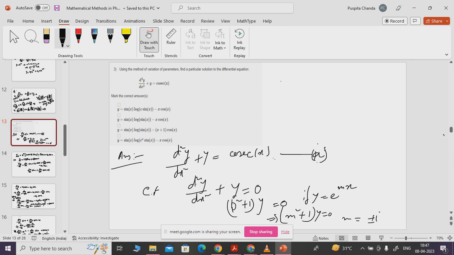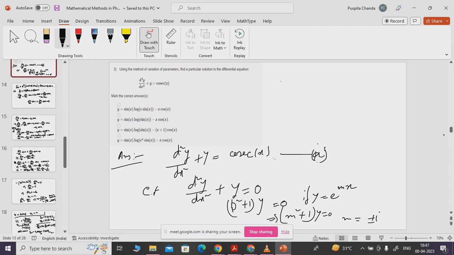So we can write y is equal to sin x log of sin x. So from this we can write, if we are given a solution like this, this is particular integration, we know, but we didn't have any condition, so we don't know if c2 is equal to 1 or not.